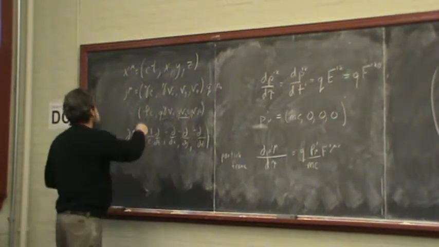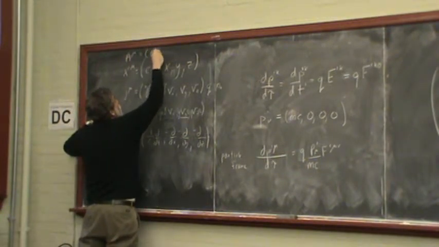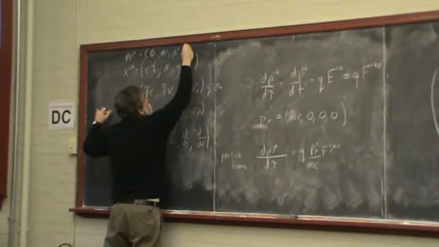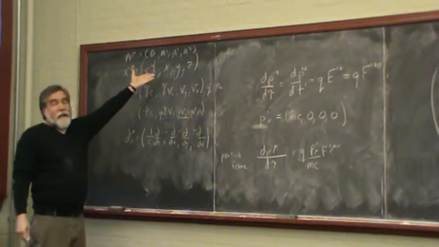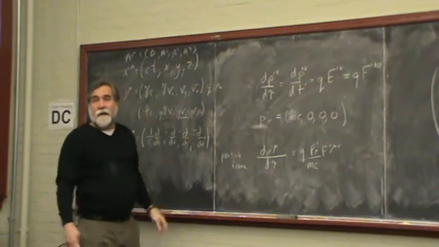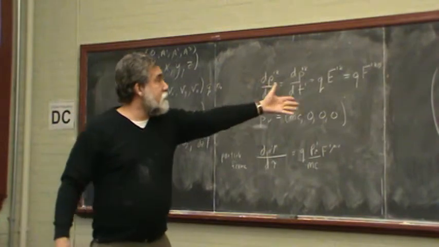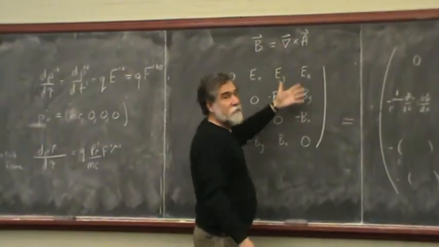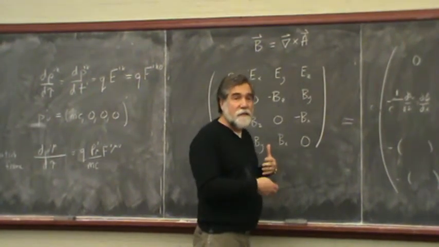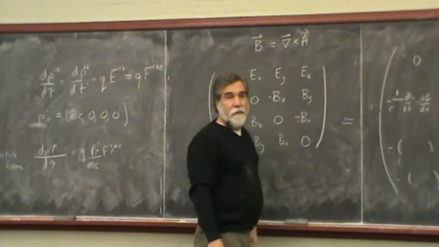You guys in the back can't see it, so I can write here. A here is equal to phi, A1, A2, A3. The A's are unknown. We just said those have to be the components that transform in the right way. And we ended up with relationships between the A's that said that the extra term that comes here in the field tensor, which would be related to the rate of change of the momentum, or the forces that act on the momentum, has to include the curl of A from over there.